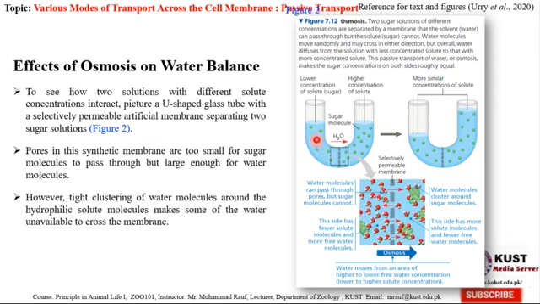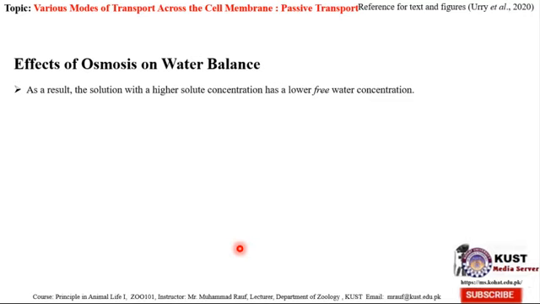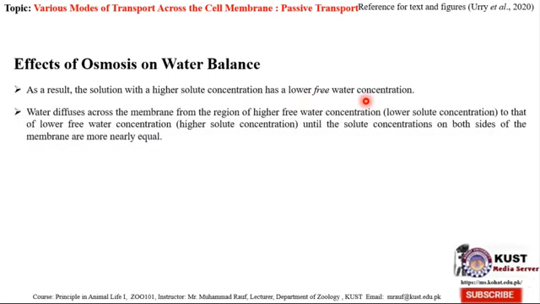So what will happen? The water molecules will move towards that direction, and after some time the level of the water will be higher at this end. As a result, the solution with a higher solute concentration has a lower free water concentration.